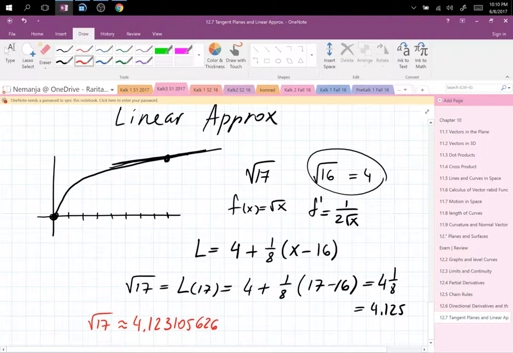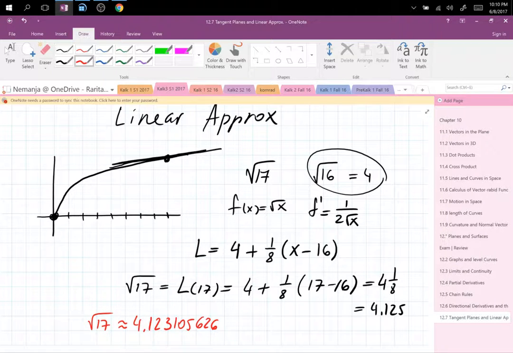So we are 0.2 of a cent off with our calculation, and we computed everything in a tangent line, because this is the tangent line here, linearization. That's the tangent line, because if you move this 4 to the other side, you get your y minus y1 slope, right?